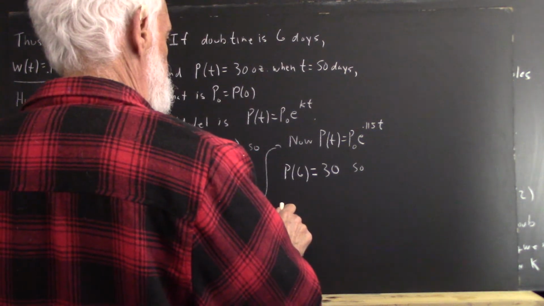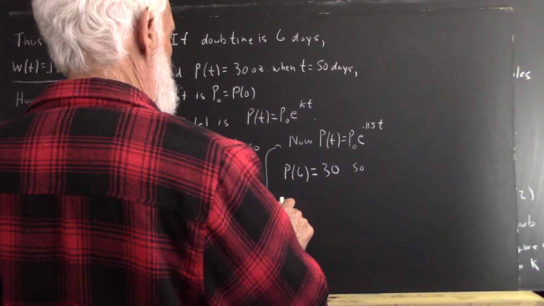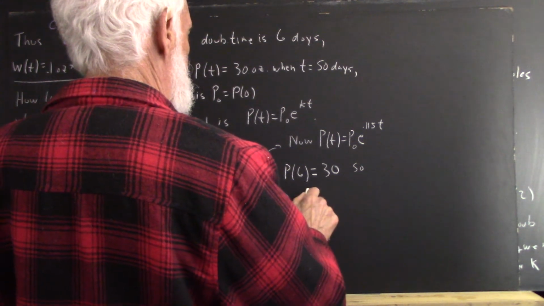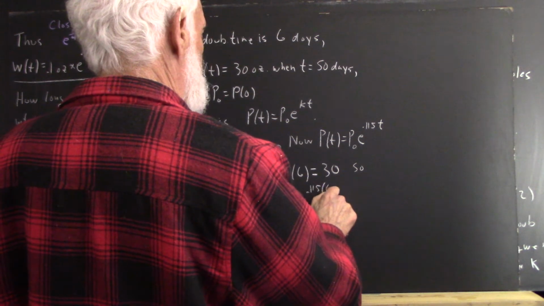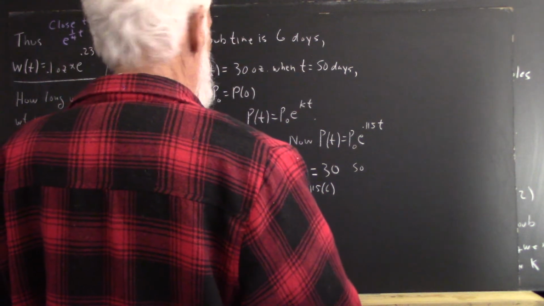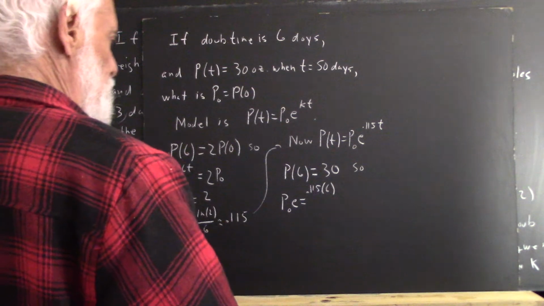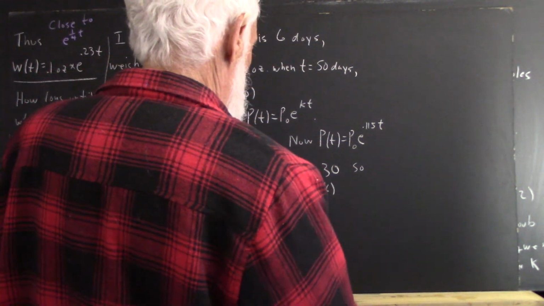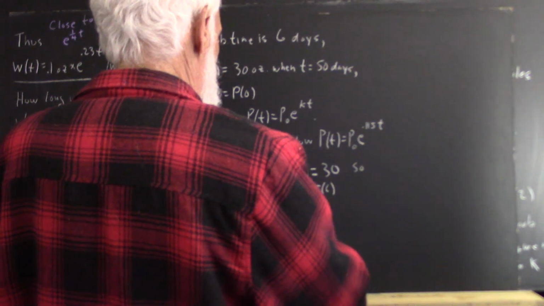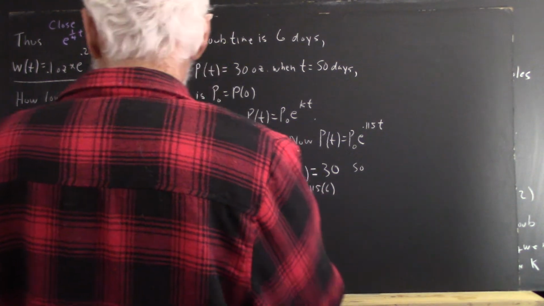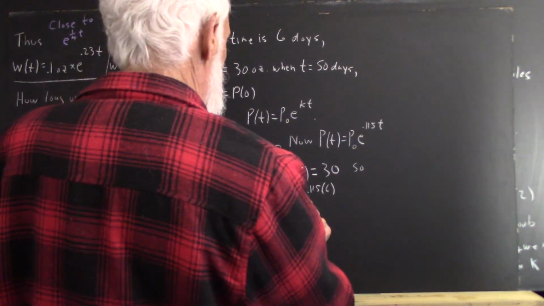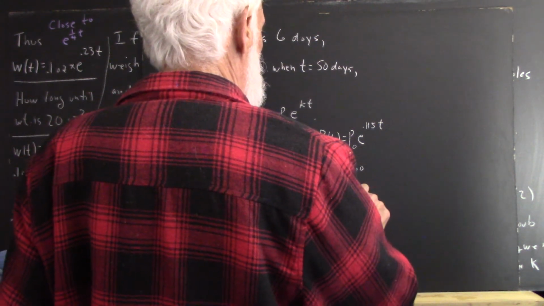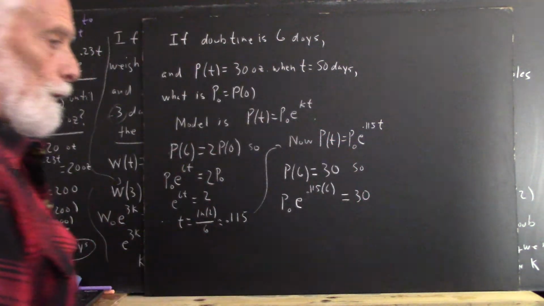So P naught e to the 0.115 times 6, and I don't know why I put an equal sign there. Surely don't need an equal sign. Sorry, P naught e to the 0.115 times 6 should equal 30.